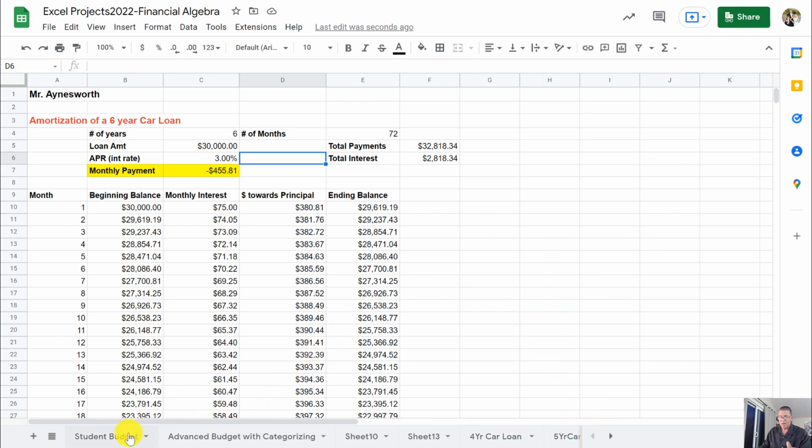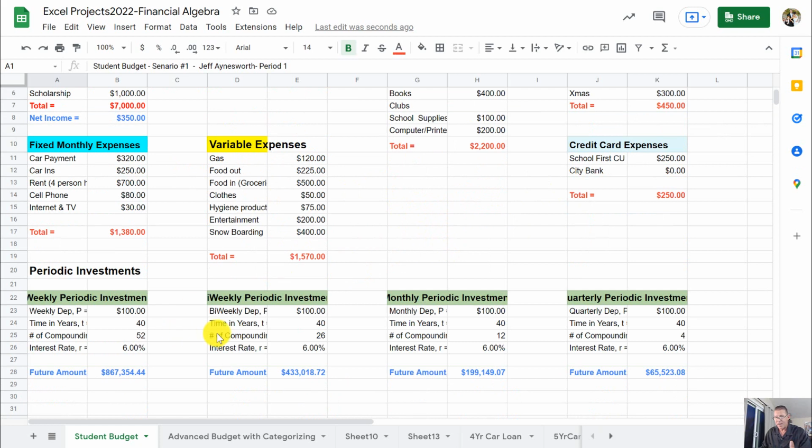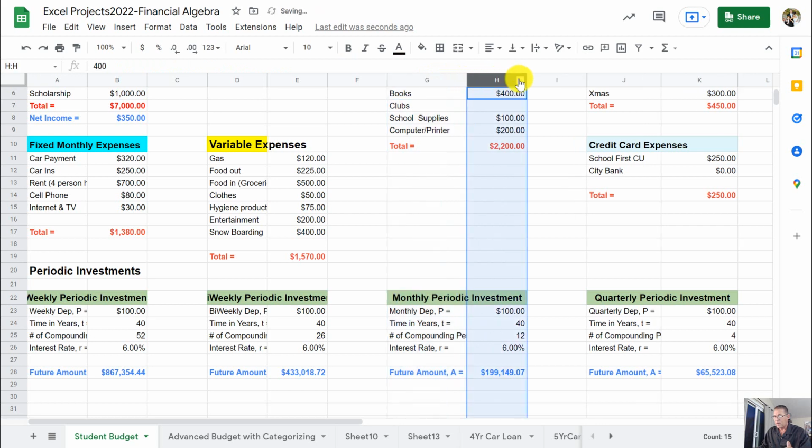So once again, we started off in our class over a month ago in our financial algebra class. We talked about the student budget here, how to organize that. We talked about how to calculate periodic investments right through here. I'm just modifying a little bit here so you can see it a little bit better.